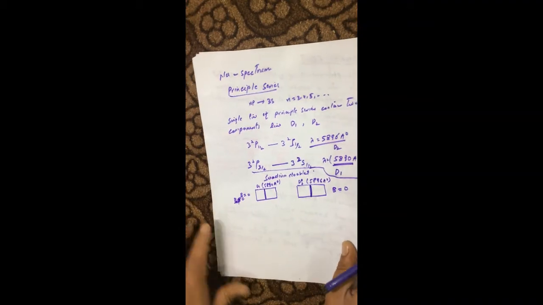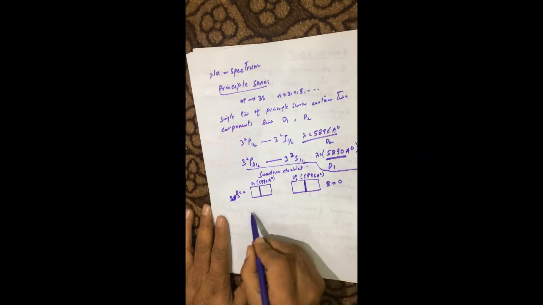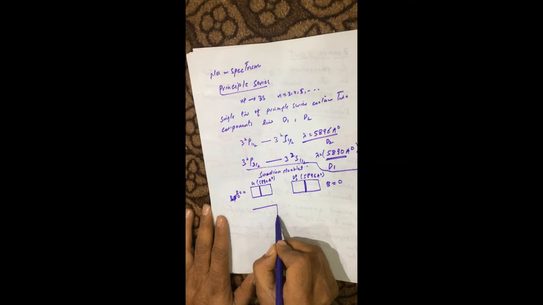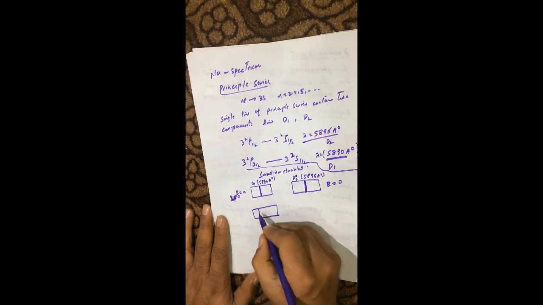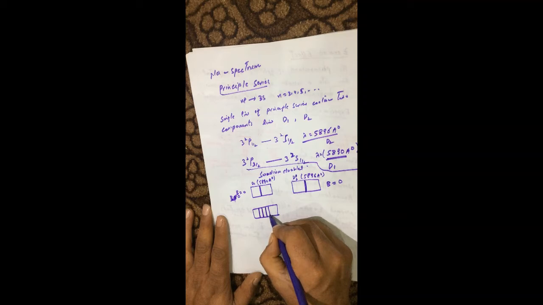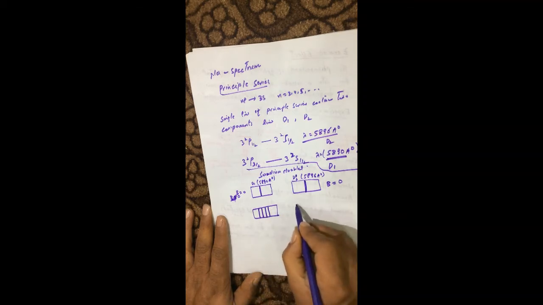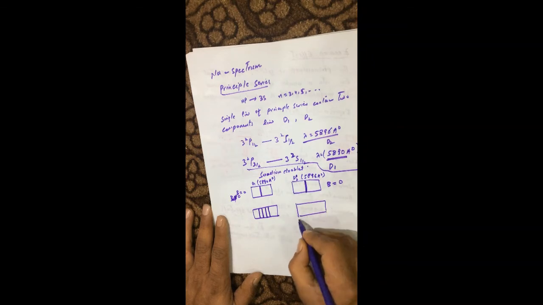Now once we pass these two spectral lines D1 and D2 through a weak magnetic field, then this D1 line splits into 4 component lines, and this D2 line splits into 6 component lines.